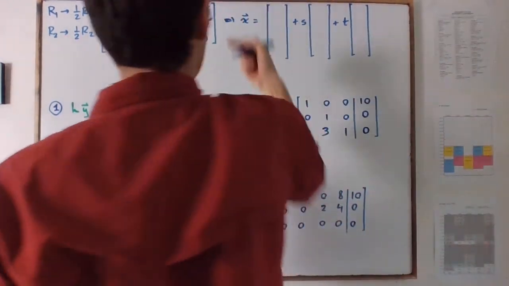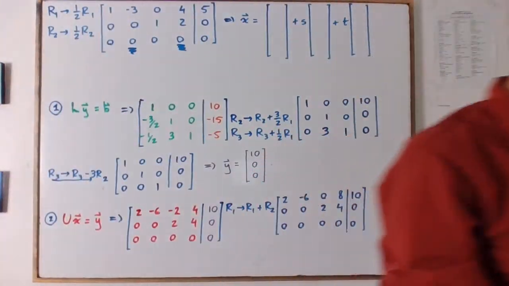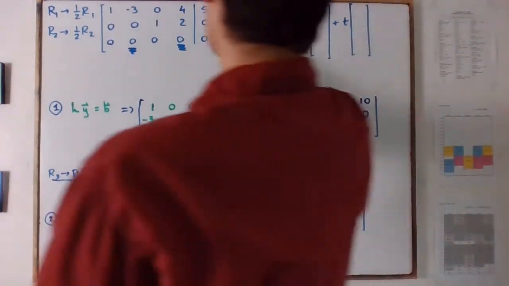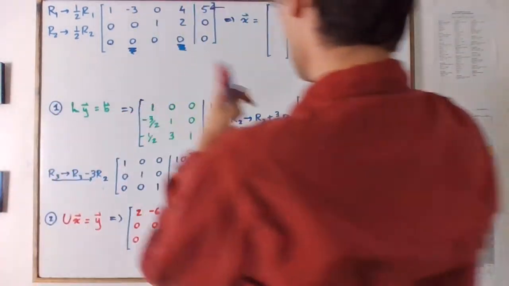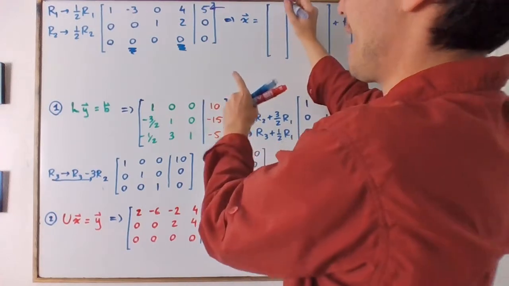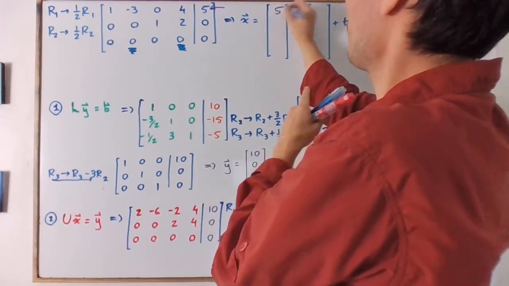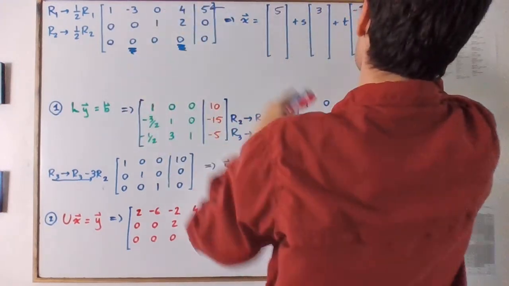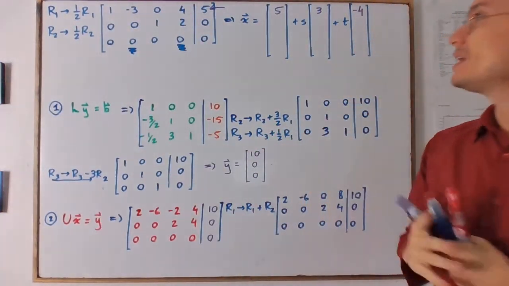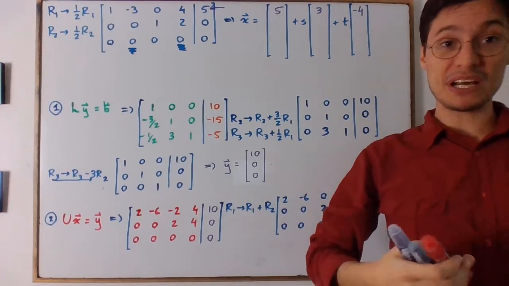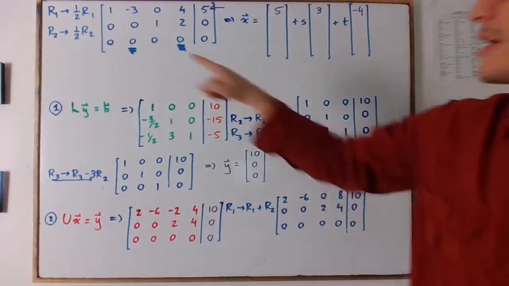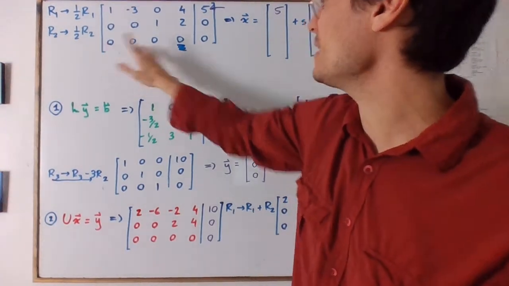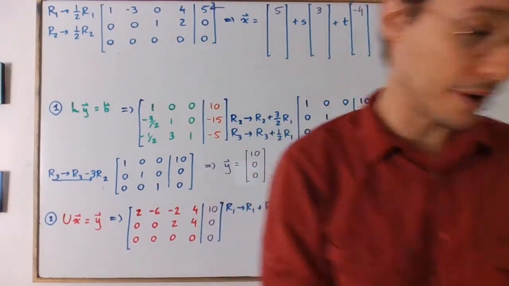So we read the first row for the first basic variable. I'm actually going to color code a little bit. So here we have 5 plus 3s minus 4t, okay? And then be careful, because the second variable is a free variable. Actually, I think I'm going to color code each of the variables.